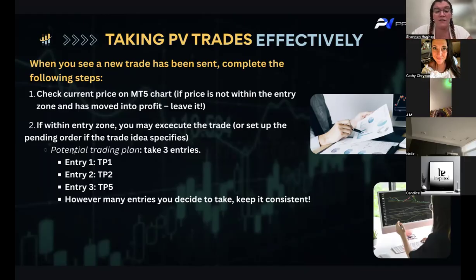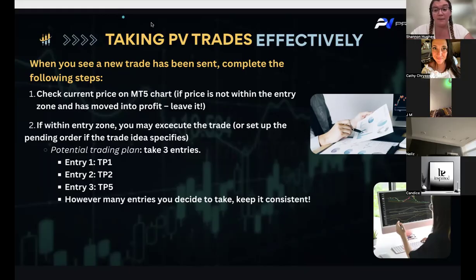Again, the reason why I do this, and you might have been taught something different by your mentor, and that's totally fine, is because TP1 and TP2, more often than not, if it's a winning trade, they both get hit, especially with gold. TP1 is 30 pips, TP2 is 60 pips. It is very easy for gold to move that way in a very short space of time. Okay, so TP1, TP2 hopefully get hit.